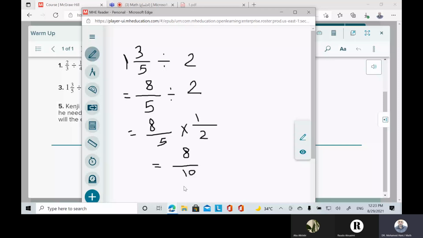We need to do simplest form. Great. Who can tell me what is the GCF between 8 and 10? Which number can divide 8 and 10 at the same time? Great. So the GCF here will be 2. So divide by 2.